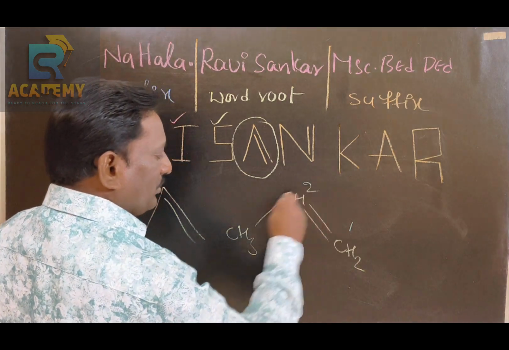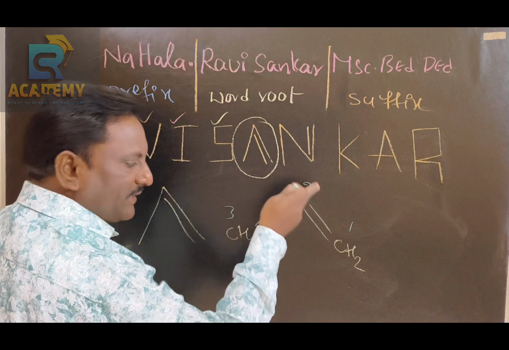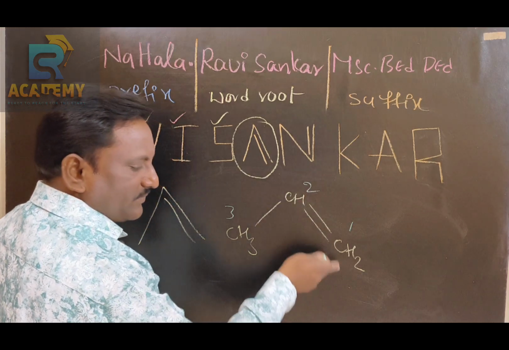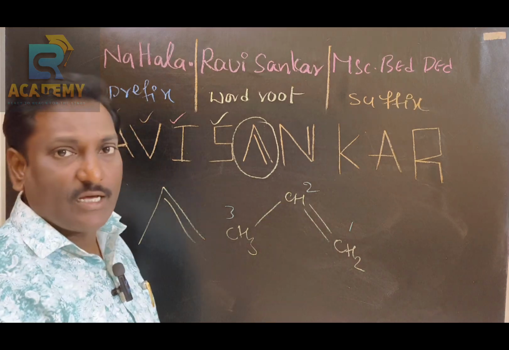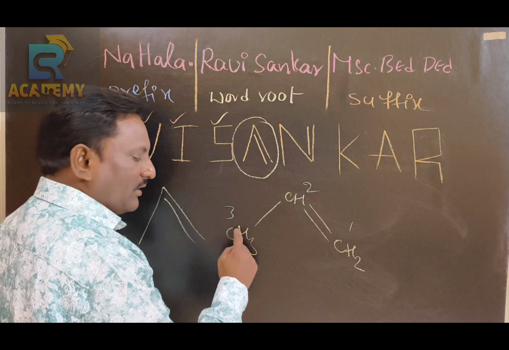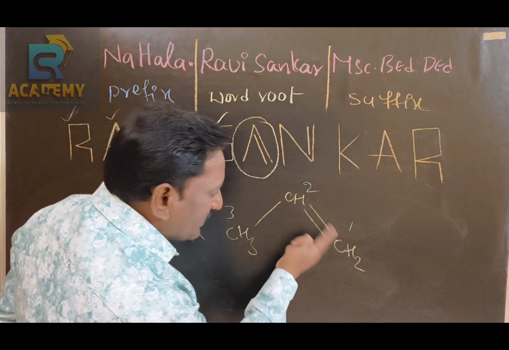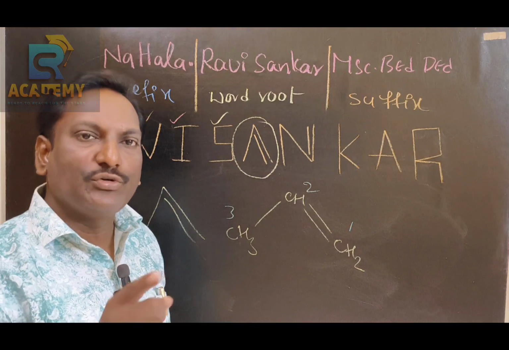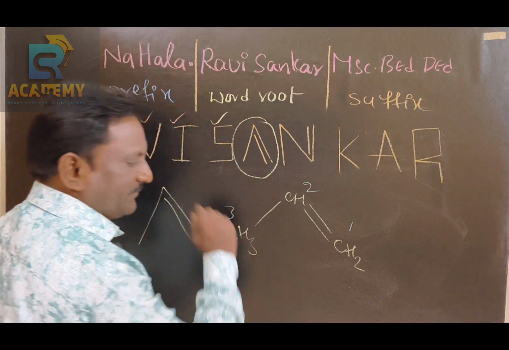Numbering must be done from either side of the chain. The double bond should occupy the lowest carbon from this side. 1, 2, 3. So numbering must be done from this side, because a double bond, triple bond or branches should occupy the lowest carbon. Right, 1, 2, 3.